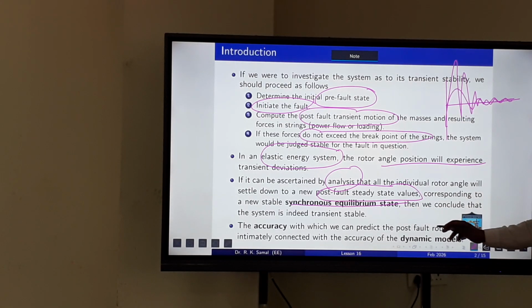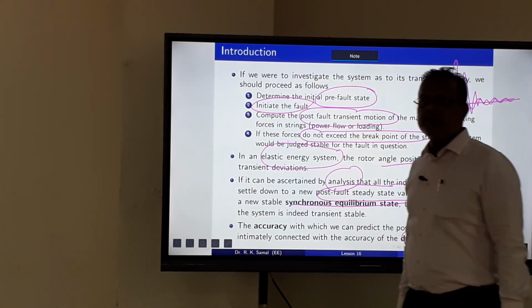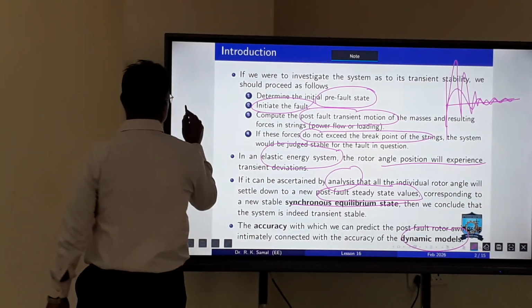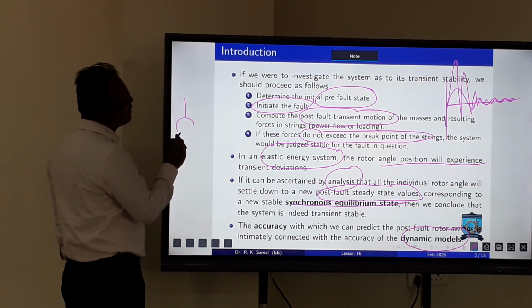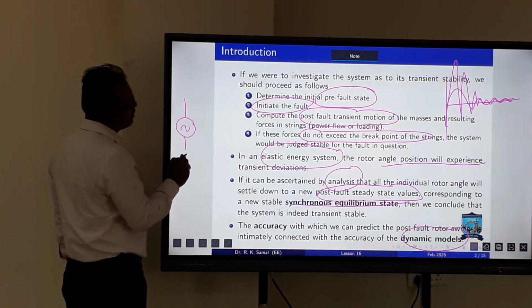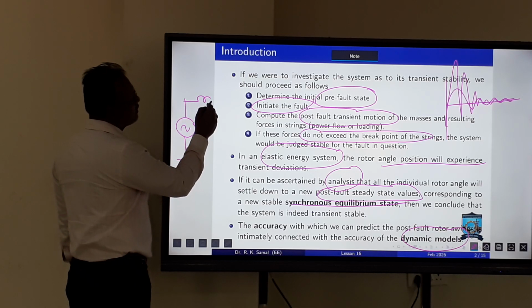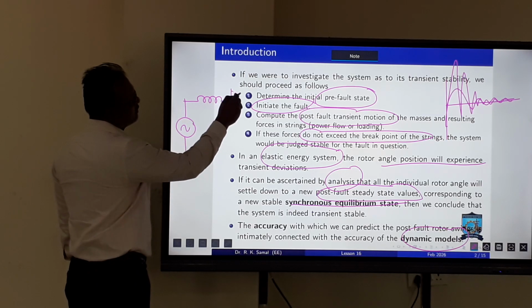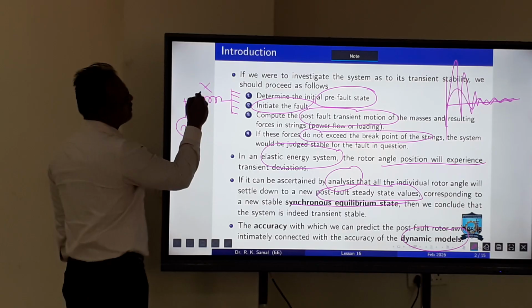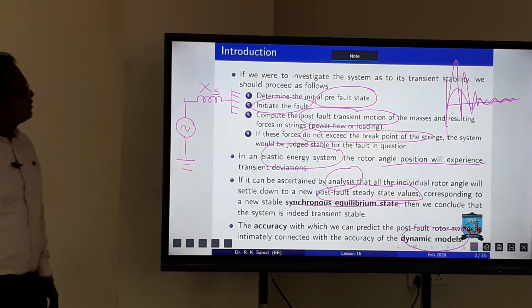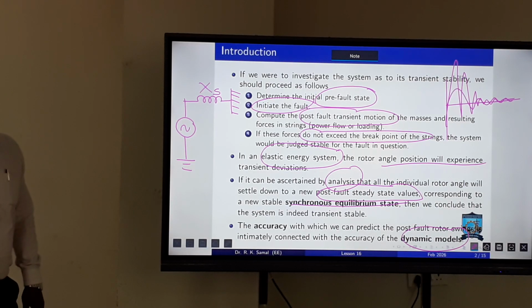The accuracy with which we can predict the post-fault rotor swings is intimately connected with the accuracy of the dynamic model. So what is the synchronous machine equivalent circuit? You have a generator connected to the grid through a synchronous reactance.